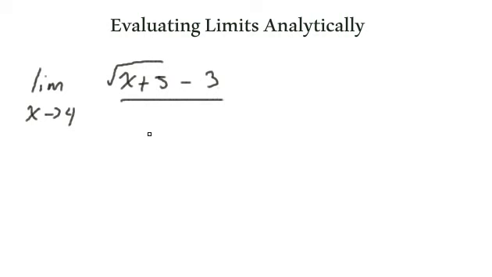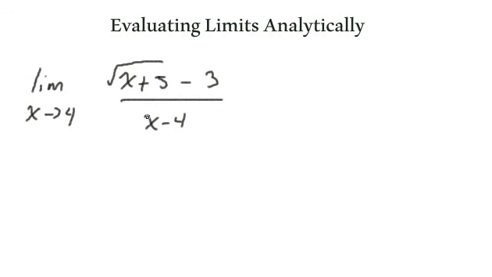Now the next problem: we have the limit as x approaches 4 of the square root of x plus 5 minus 3, over x minus 4.